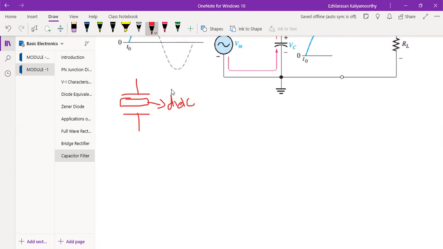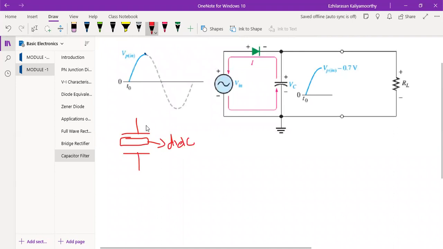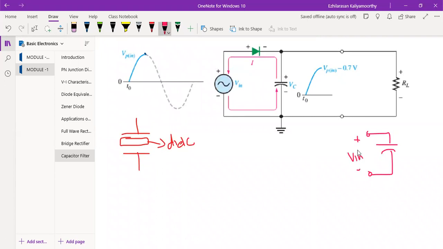When you apply a voltage here, how will it store? This will be like a capacitor, CL.